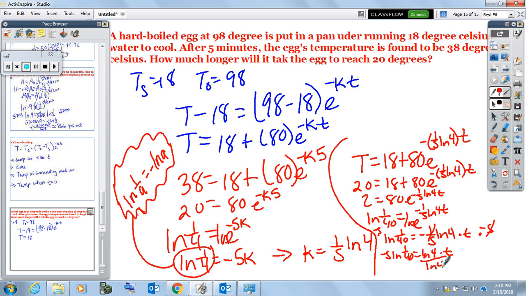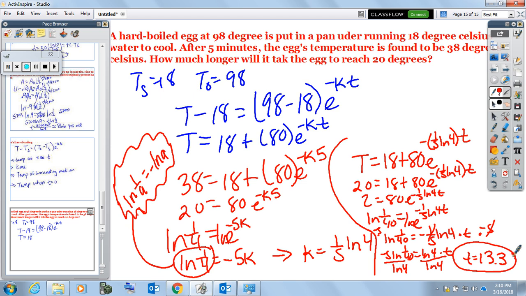Dividing through by the natural log of 4, in the end, we see t will equal negative 5 times the natural log of 1 over 40, divided by the natural log of 4, and we roughly get about 13.3.